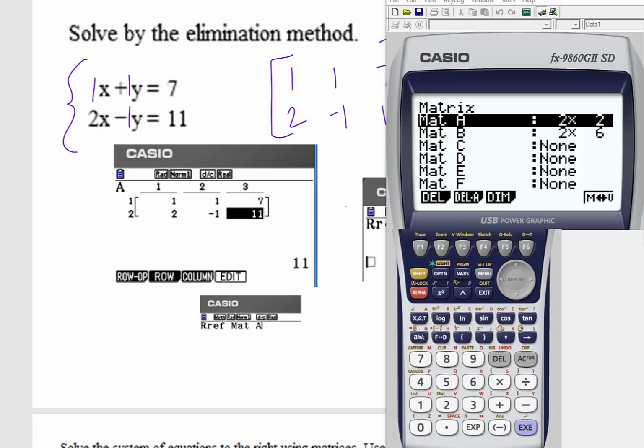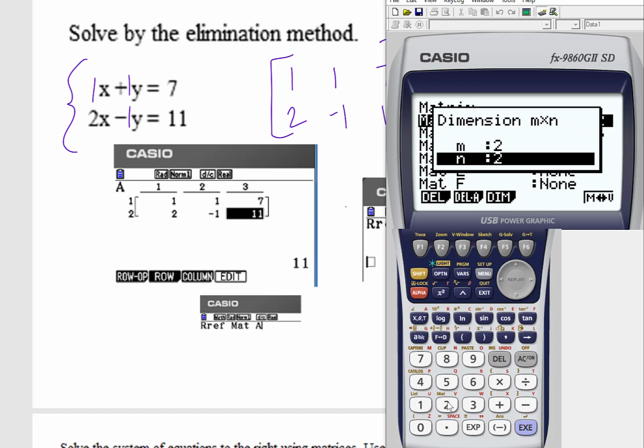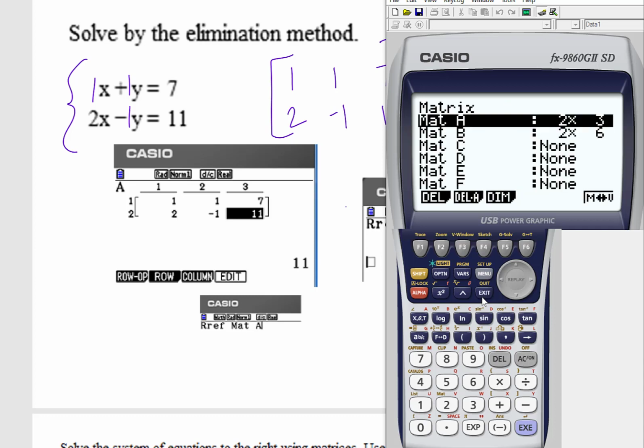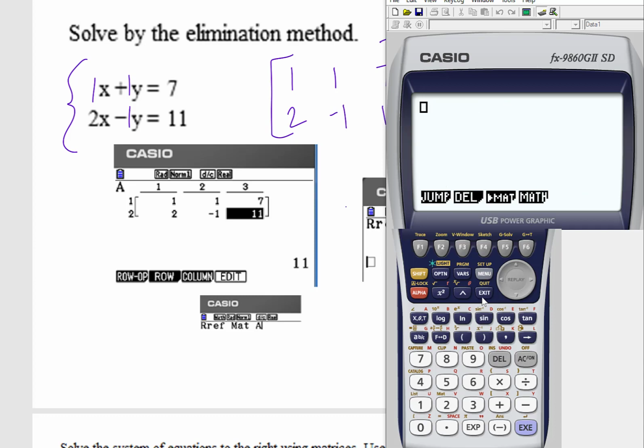So 2 by 3. Check my numbers. Okay, looks good. Exit out. I'm only using this one matrix.